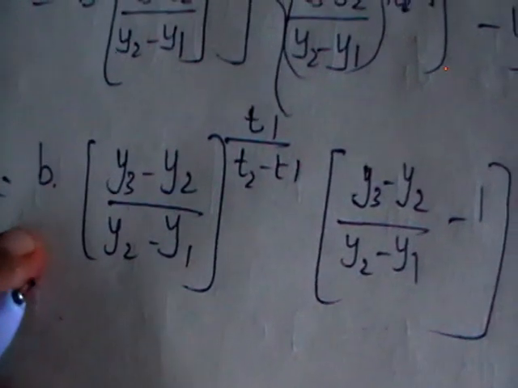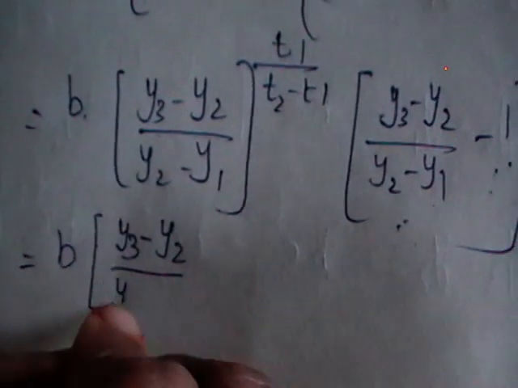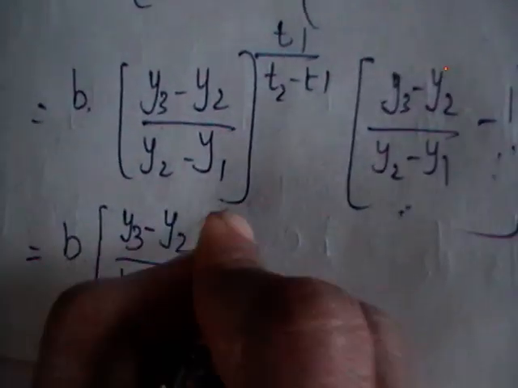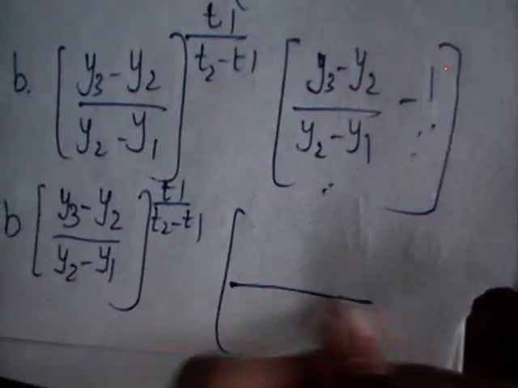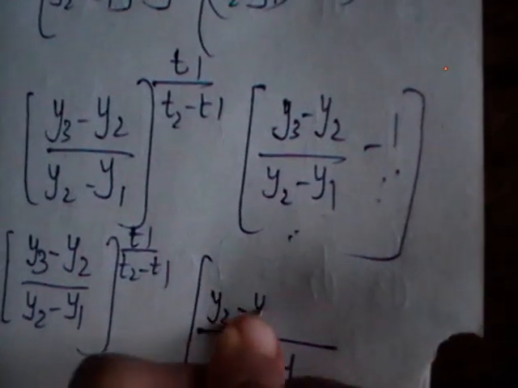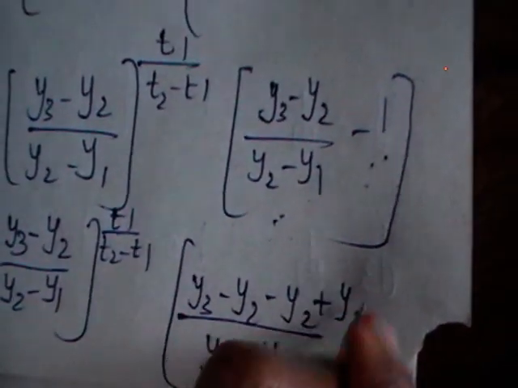Now we are going to find b, as you don't have any other constant. Let us take the LCM for the second term. Leave this as it is, y3 minus y2 by y2 minus y1 whole power t1 by t2 minus t1. If you take the LCM here, the LCM is y2 minus y1, you will get y3 minus y2 minus y2, plus y1.